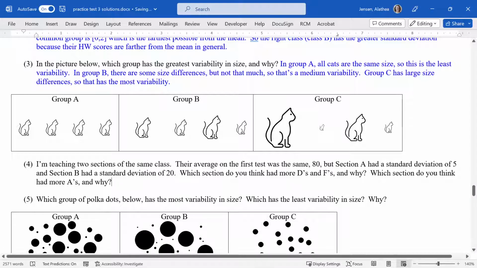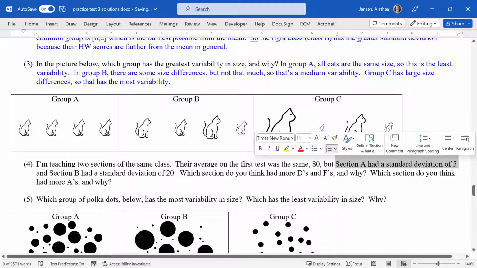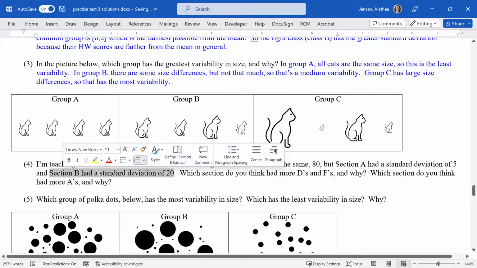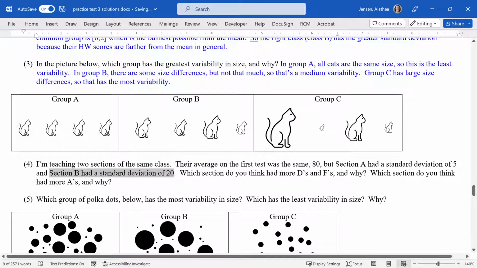Okay, so the standard deviation is telling us that class B had more spread out scores and class A scores were closer together. So we don't know if they were normally distributed or if they had some weird distribution, but class B was more spread out. So I would expect class B to have more students that were further from the mean.